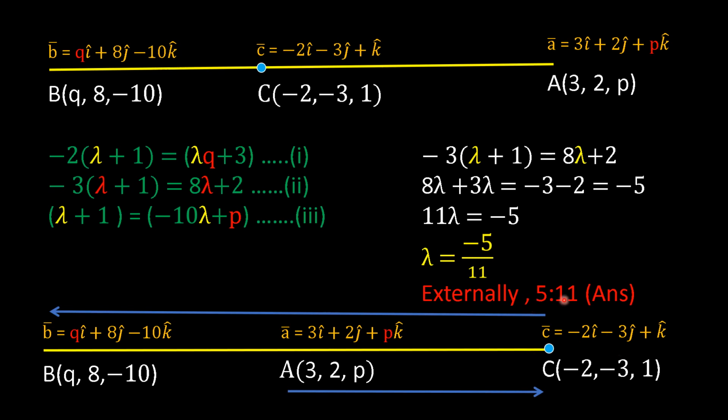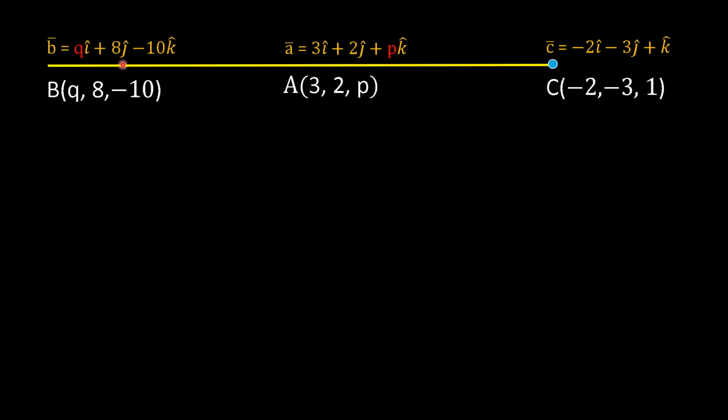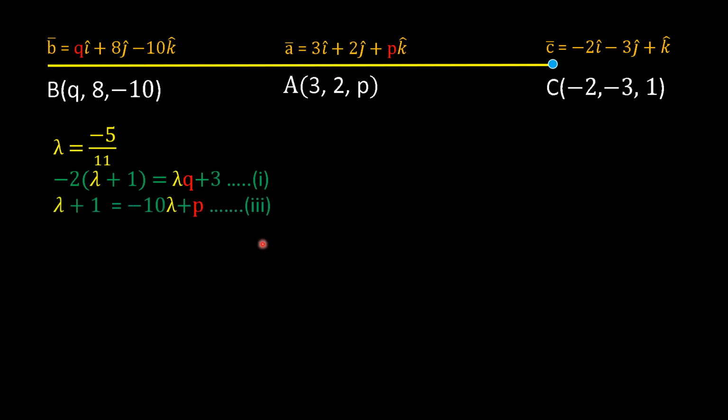So this is our answer. We have shown the diagram for reference. We have lambda equals minus 5 by 11 and the two remaining equations, equation number 1 and equation number 3.